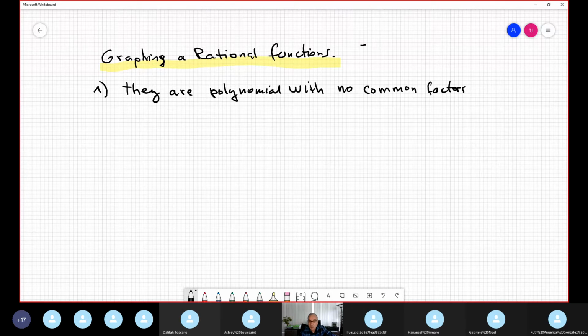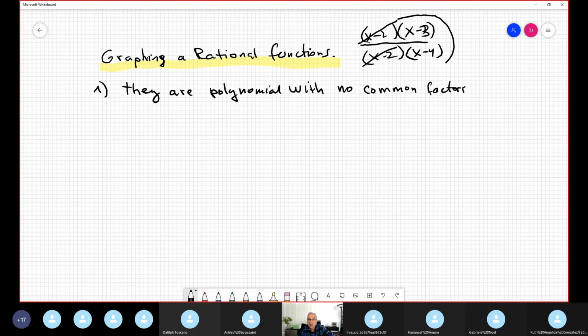Suppose that we have one polynomial, I did the factorization, and this is x minus 2, x minus 3, x minus 2, x minus 4. I cancel out the common factor, and we're working now with the remaining part without common factor.